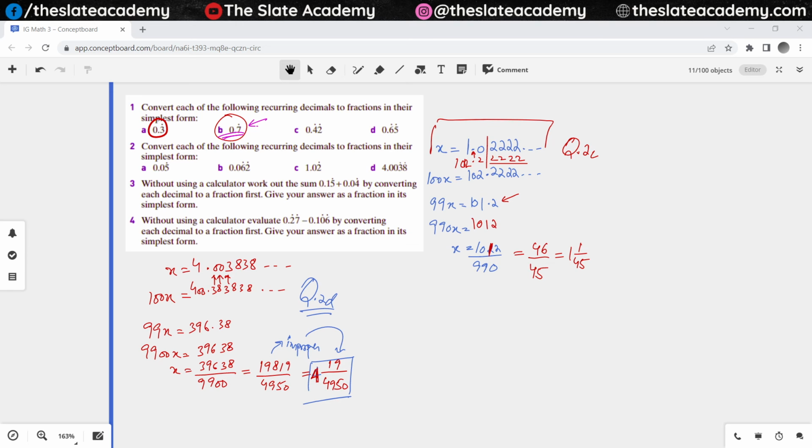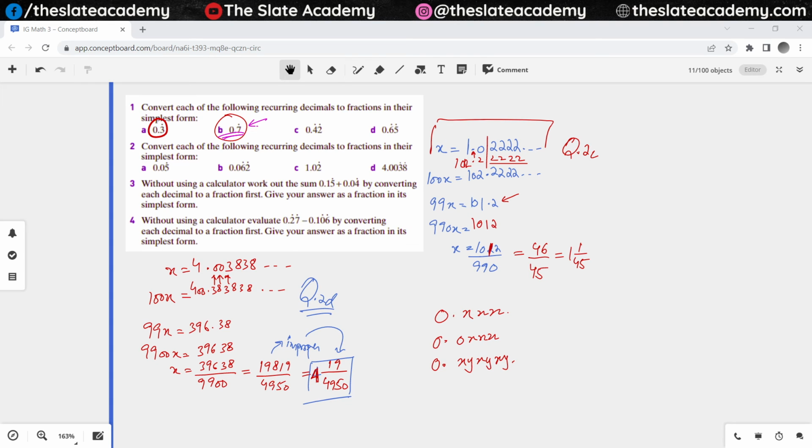Okay, so for recurring decimals, I repeat once again, there would be a certain pattern of numbers repeating. For example, you would have 0.xxx like this, or 0.0xxx like this, or 0.xy xy xy like this.